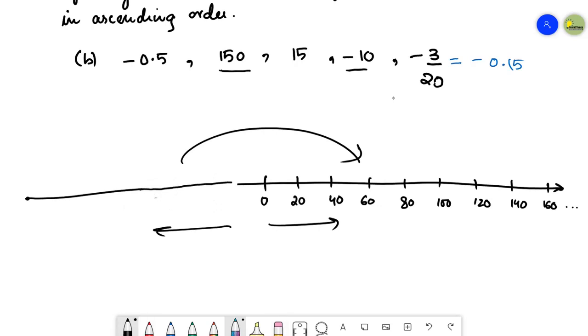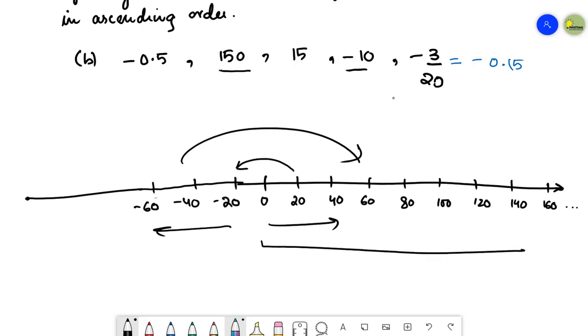Now at the same distance, opposite to plus 20, I will be having minus 20, right? And with the same distance, I'm going to have minus 40. With the same distance, I'm going to have minus 60. This is the way to draw the number line, right? Just follow the same distance and same numbers that you were doing on the positive side, follow the same on the negative side.